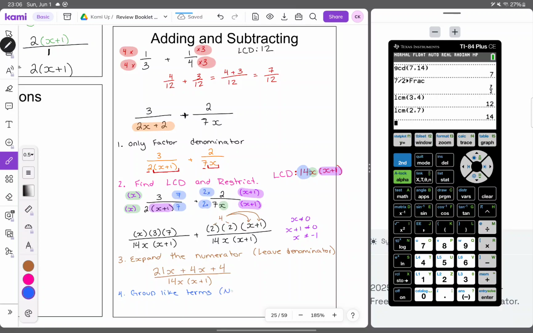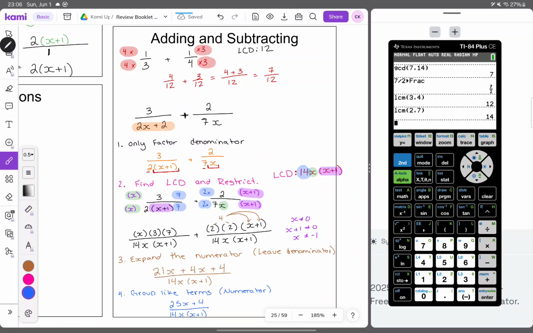Again, only in the numerator. So we have 21x plus 4x. So we're going to have 25x plus 4 all over 14x, x plus 1. So that's adding. The biggest thing is finding that lowest common denominator and trying to decide how you can get your fractions to look like your lowest common denominator.